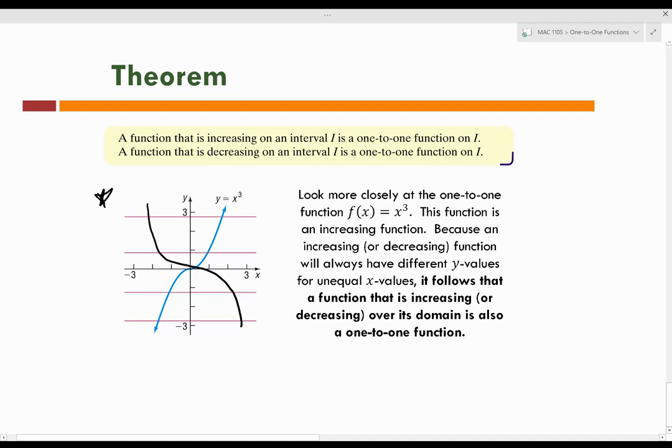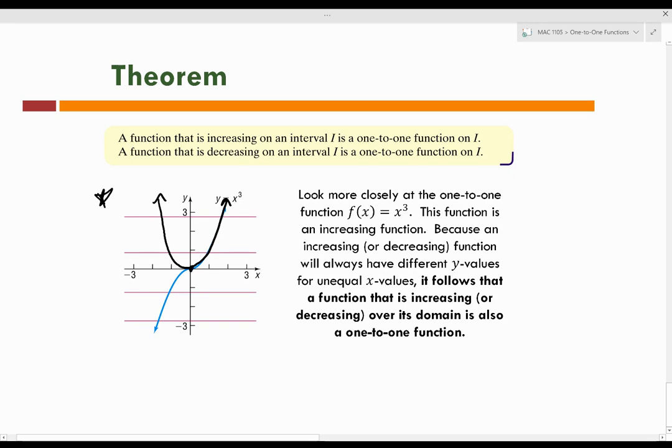This is interesting because usually the only time a function will fail the horizontal line test is if the function bucks back. What I mean by bucks back is something like a parabola. A parabola looks like this, and you can see that the parabola changes directions and goes back up.